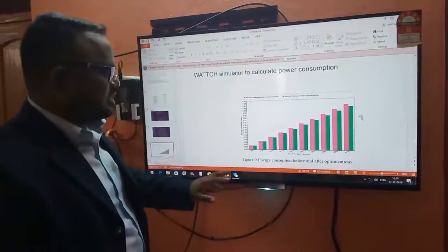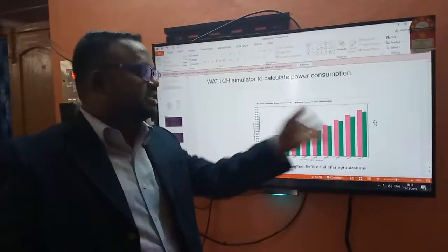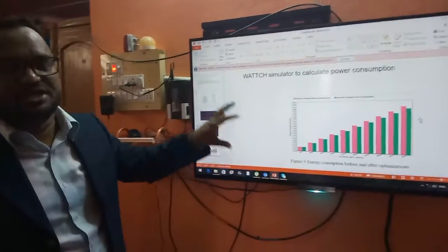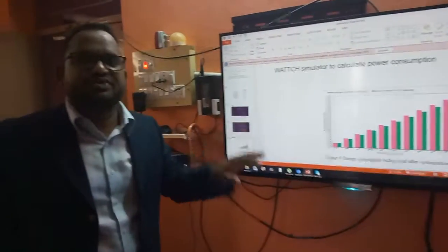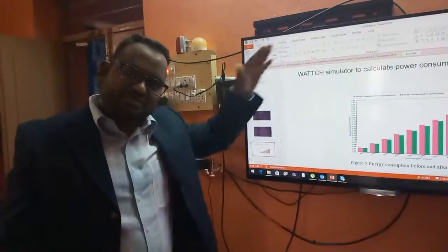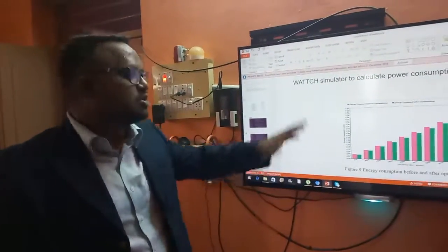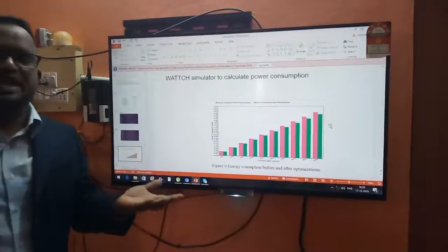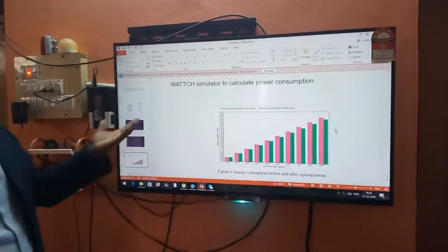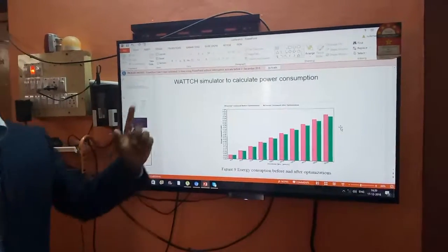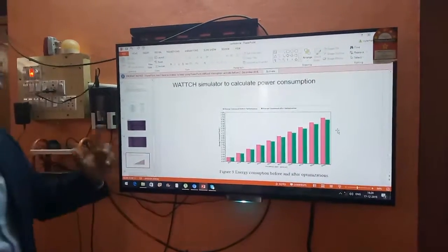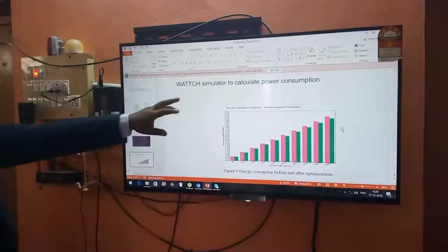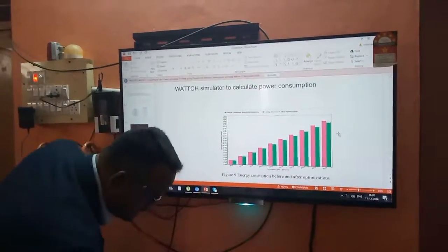That means we reduced the energy as well as the power by using this D3D11 technology, which reduces the memory as well as the bandwidth, so that we can automatically reduce the power as well as the energy consumption. And we are using the Watch simulator for calculating power and consumption. This is an excellent tool which can calculate the power analysis.